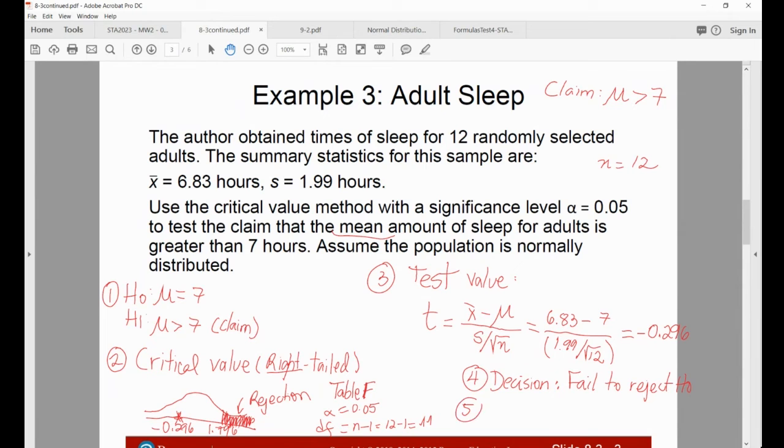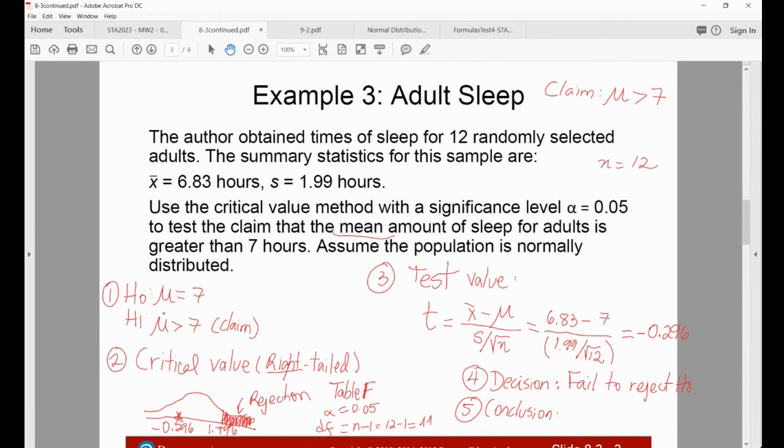So now let's write the conclusion about the claim. We fail to reject this hypothesis. We cannot reject it. So if we cannot reject this, can we support the claim or not? We cannot support the claim.